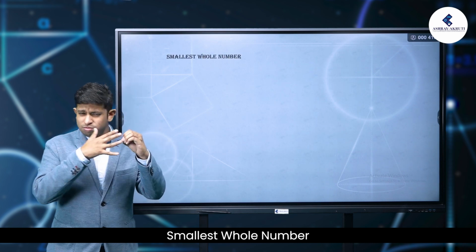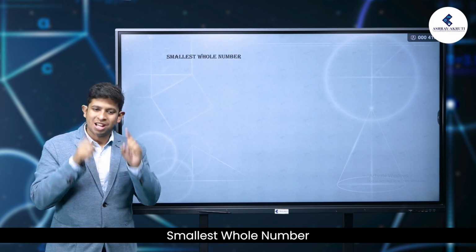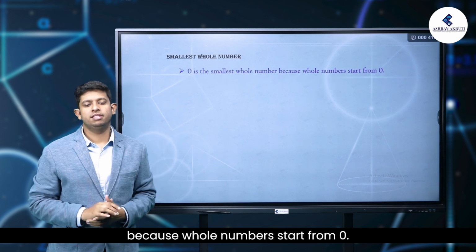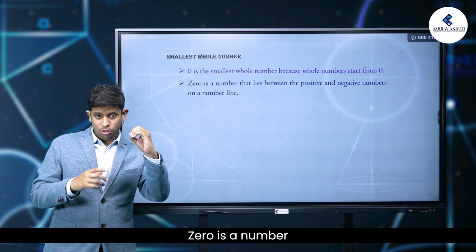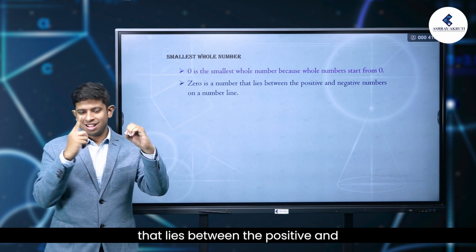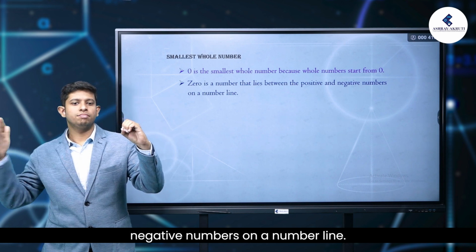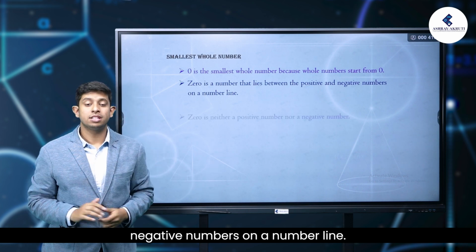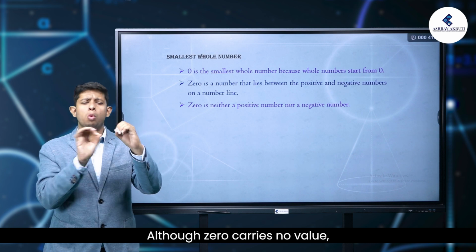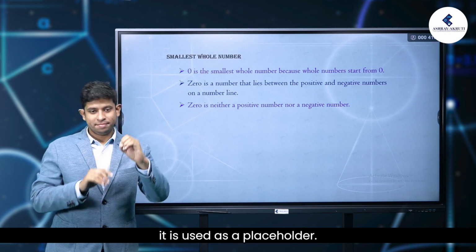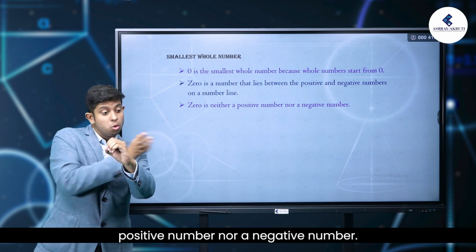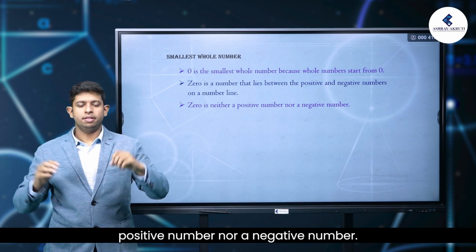Smallest whole number. 0 is the smallest whole number because whole numbers start from 0. 0 is a number that lies between the positive and negative numbers on a number line. Although 0 carries no value, it is used as a placeholder. So, 0 is neither a positive number nor a negative number.